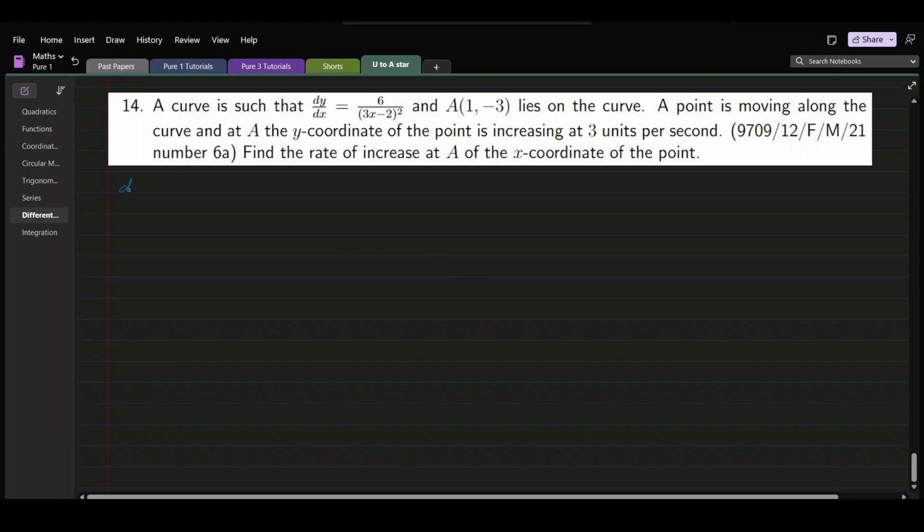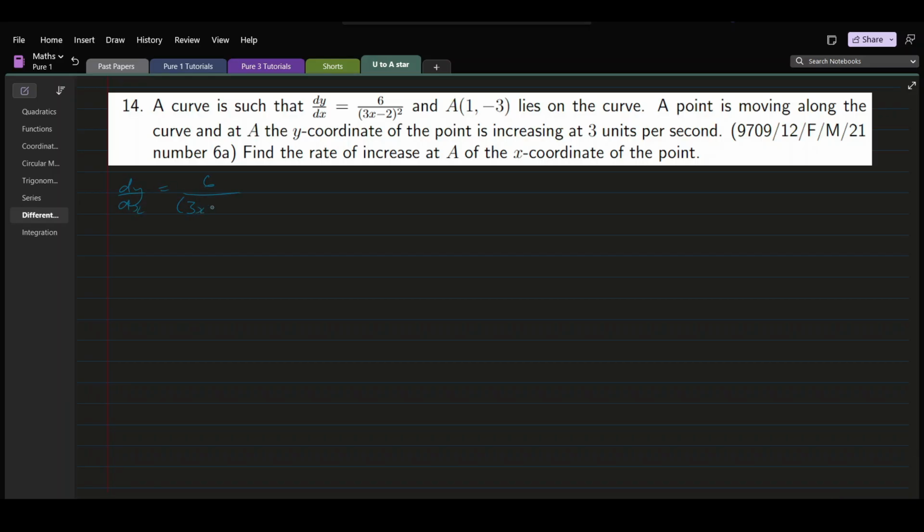Okay, so we're given that dy dx is equal to 6 over (3x minus 2) squared. And then we're given the point A, (1, negative 3). Then we're given that the y-coordinate is increasing, so that's dy dt at a rate of 3 units per second, so that's 3.